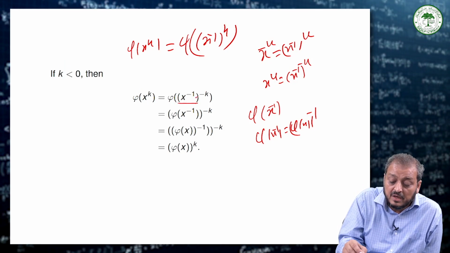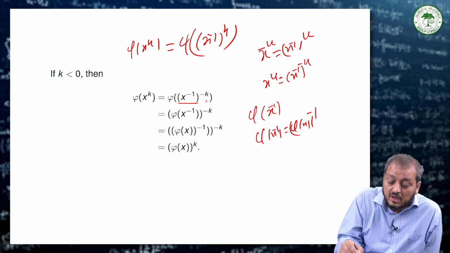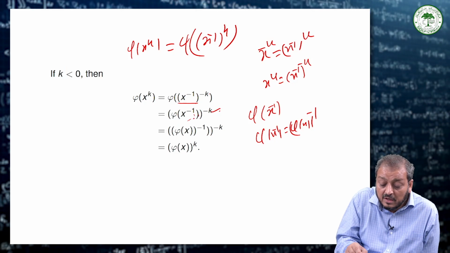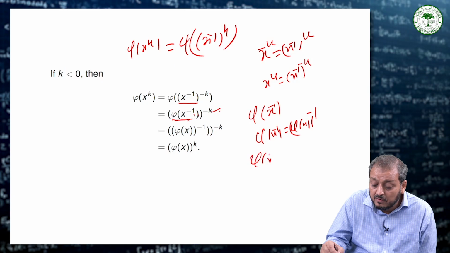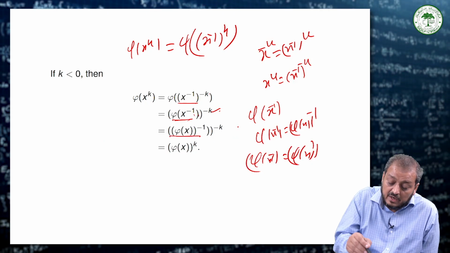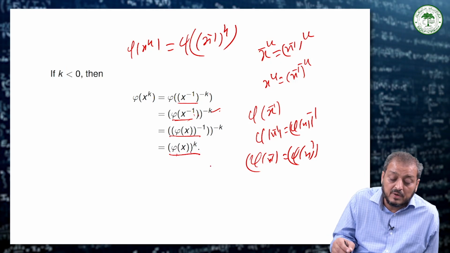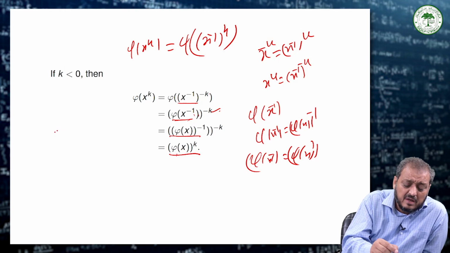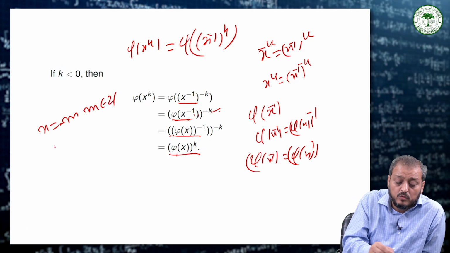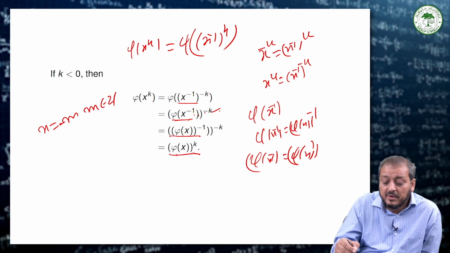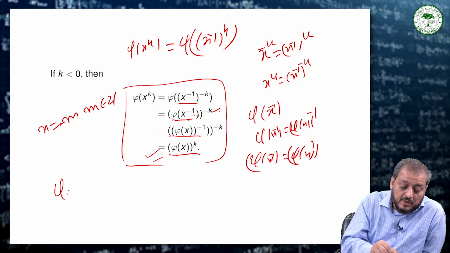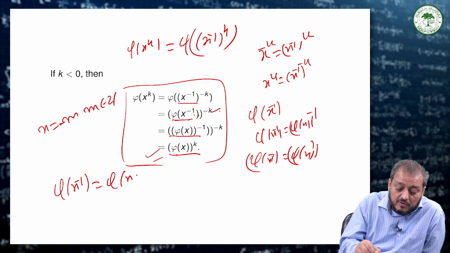So this means, using again that phi of x inverse is the same as phi of x whole inverse, and then again using the property of this, we can say that phi of x to the power n, taking n equal to minus m where m is some integer, we can show this for x to the power m and then for minus m, and this is true for all these properties. So we can clearly prove, using this property, that phi of x inverse is the same as phi of x whole inverse.